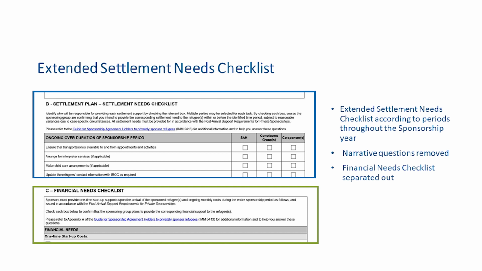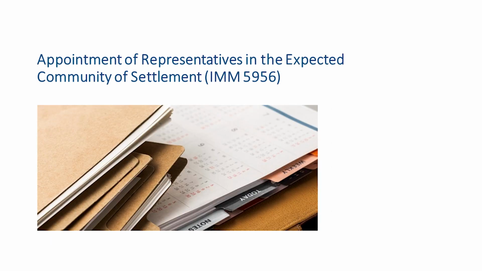So moving to the next slide, I will touch upon the appointment of representatives in the expected committee of settlement form. For those SAHs who work with representatives in the committee of settlement, you may recall that the previous version of the form included the same settlement checklist as the settlement plan form.